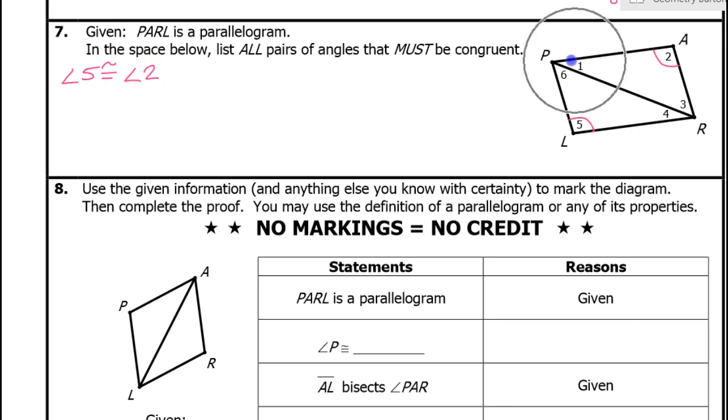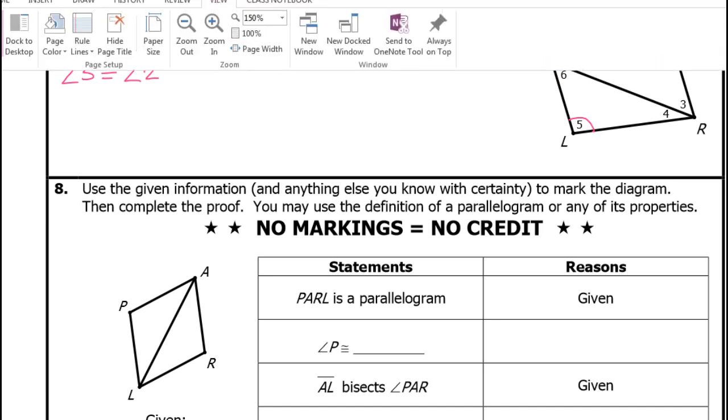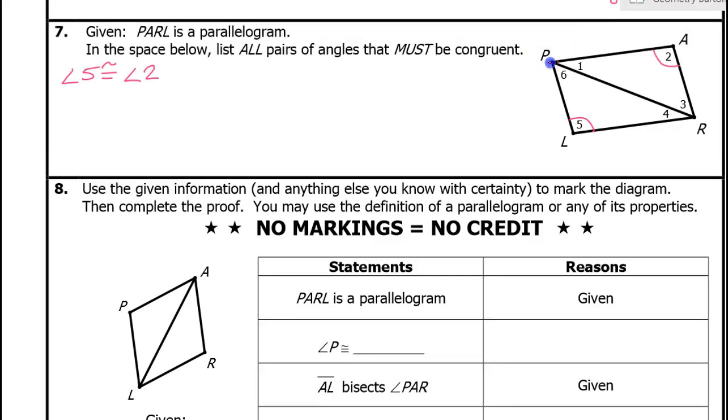Okay, because of these lines being parallel right here, because this line is parallel to this line, and then here I've got my transversal, then I'm looking at alternate interior angles for angle 1 and angle 4. So that means that angle 1 must be congruent to angle 4.